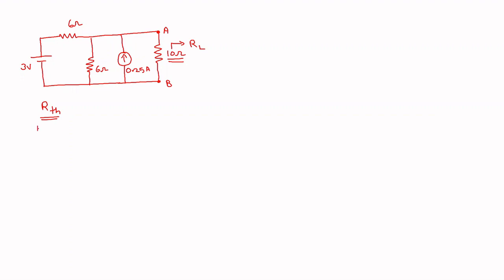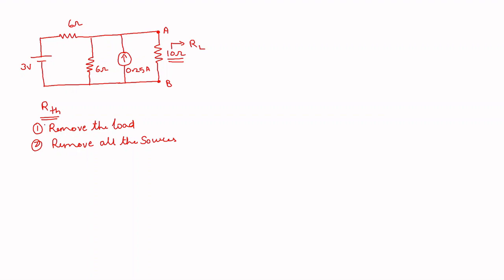The first step in finding RTH is, if a load is there in the given circuit, remove the load. And the second step is to kill or remove all the sources from the circuit.